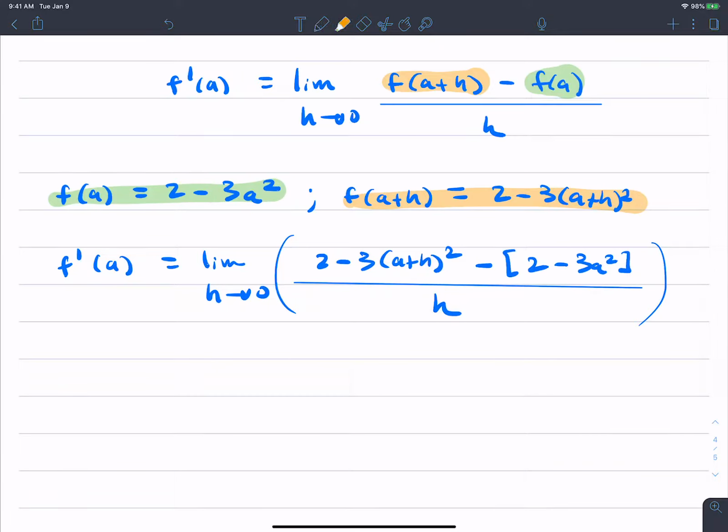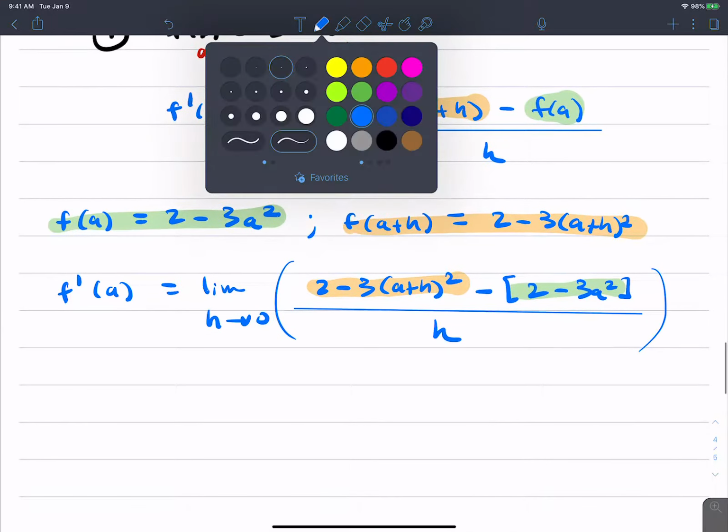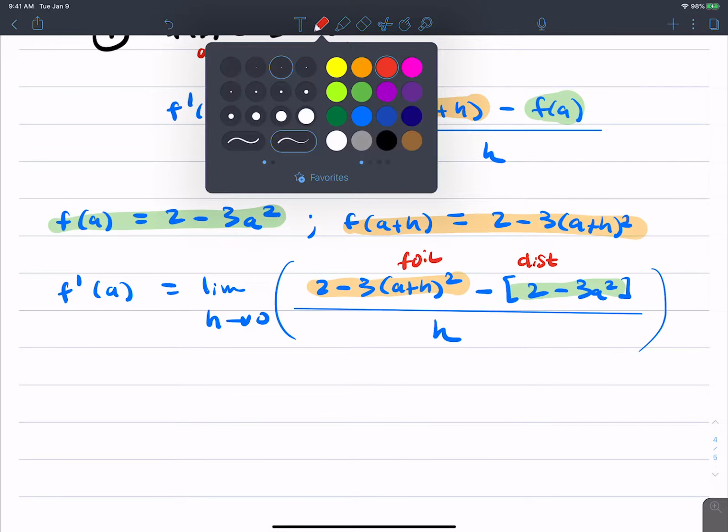So again, here is the orange portion. Here's your green portion. We're going to do some algebra. And you might say, what algebra are we going to do? Well, FOIL here and distribute here. And you're going to see that h go away.